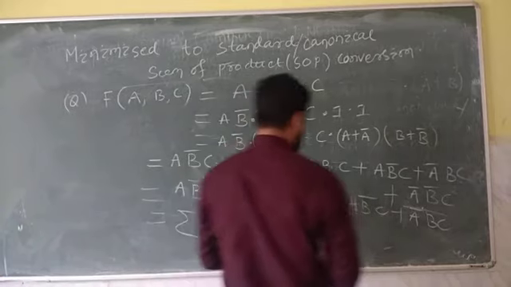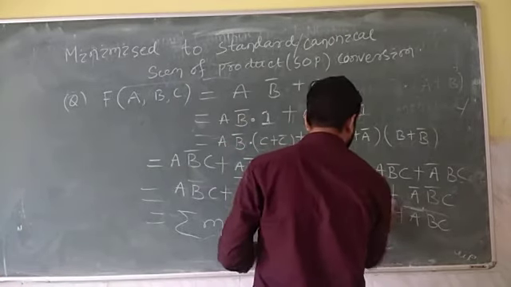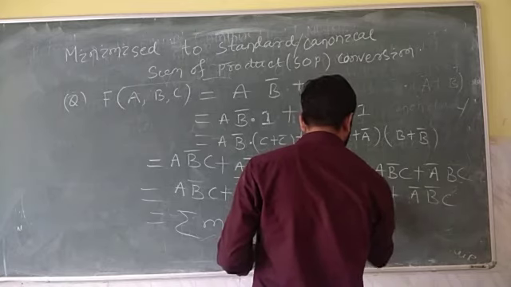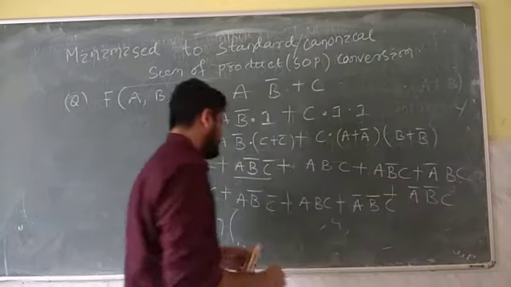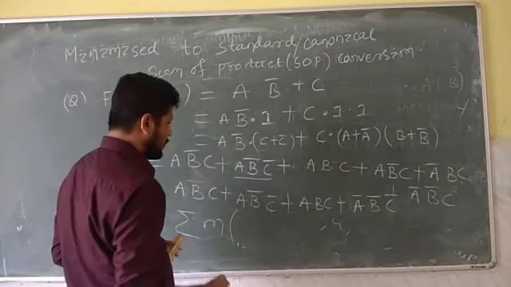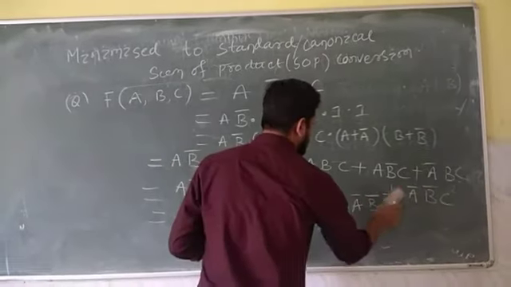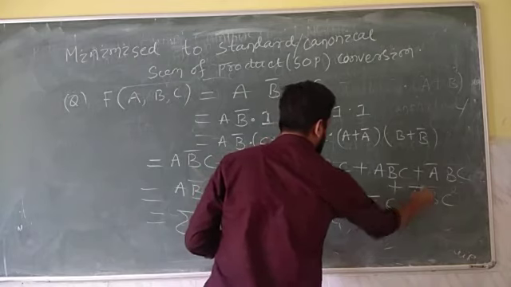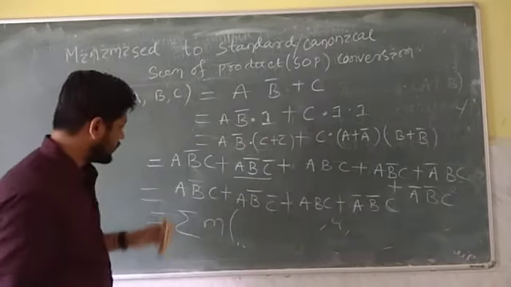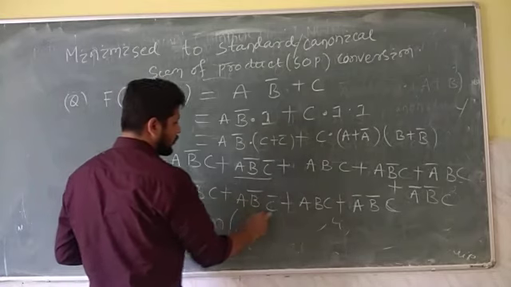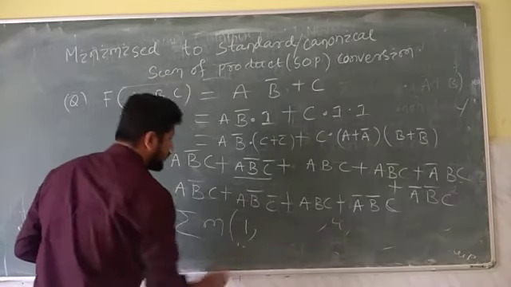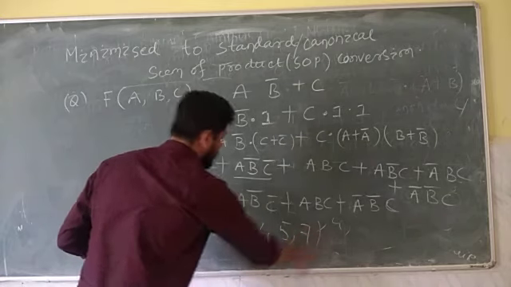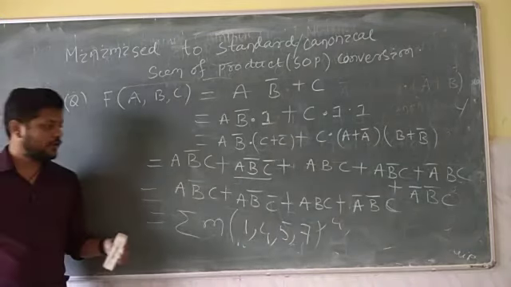Again you have to write the repeated term only one time. So we have 1, 4, 5 and 7. 1 4 5 7.